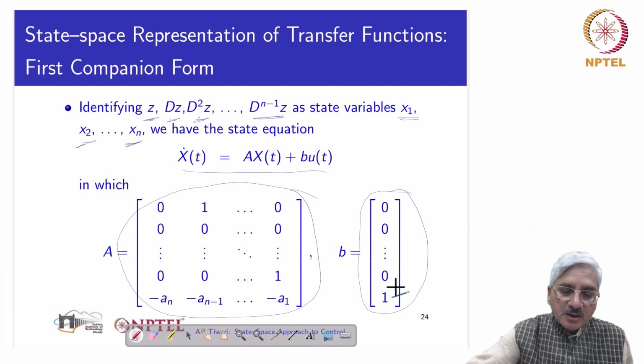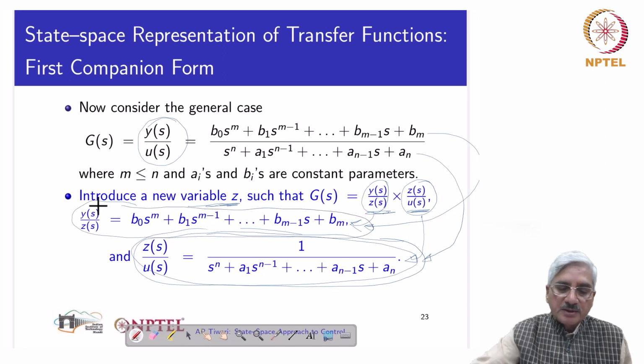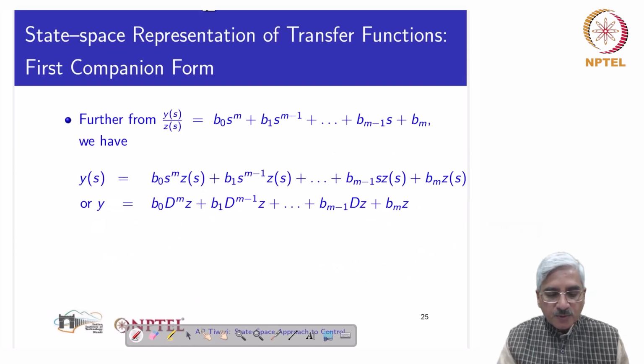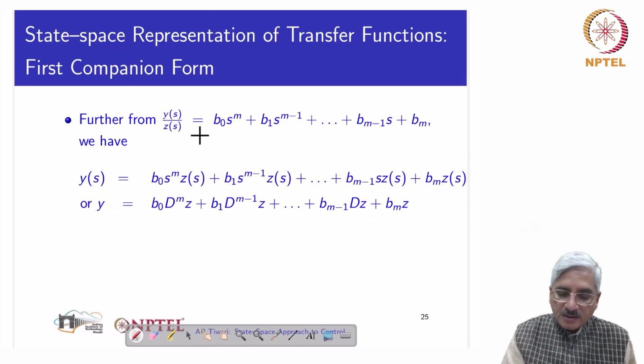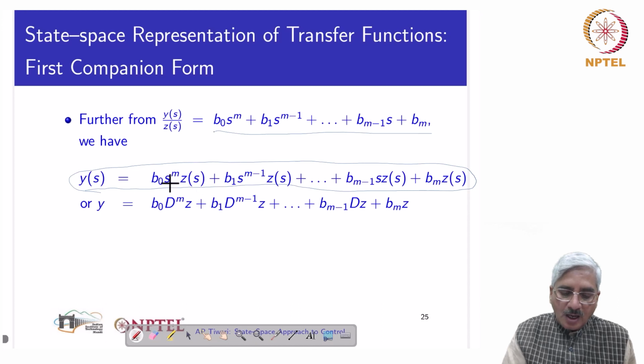And looking at this other ratio, Y(s) by Z(s), we have to cast the output equation appropriately. For the output equation, we cross multiply the terms and we get Y(s) as a linear combination of Z(s) and various powers of s.